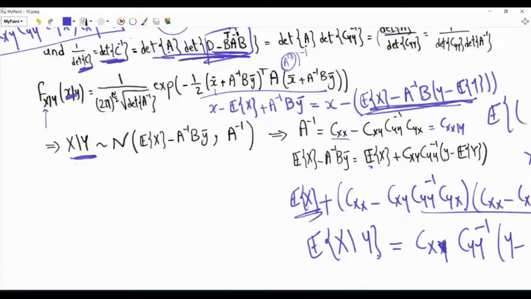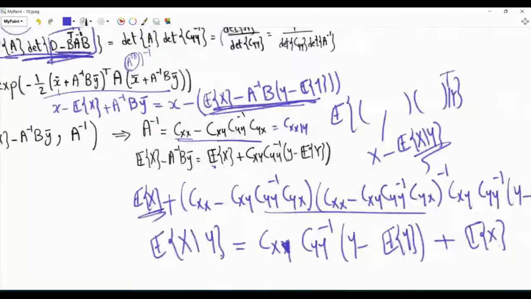If we have a bunch of n plus k jointly Gaussian random variables, we can find the conditional distribution of the n random variables x1 to xn given the k random variables y1 to yk. It turns out that the conditional distribution is also multivariate Gaussian, and it is characterized by this conditional covariance matrix and this conditional mean.